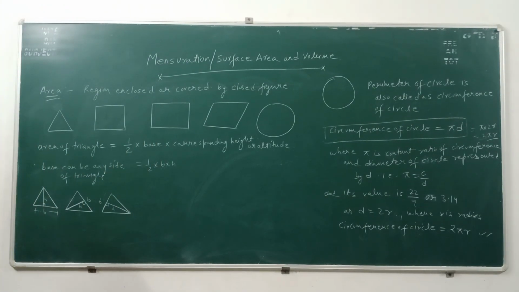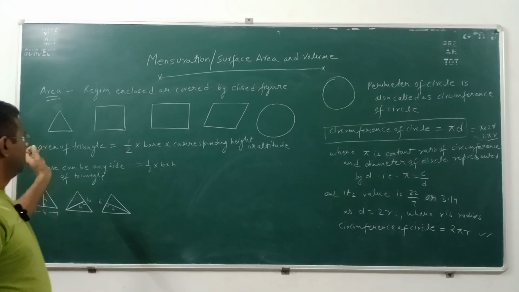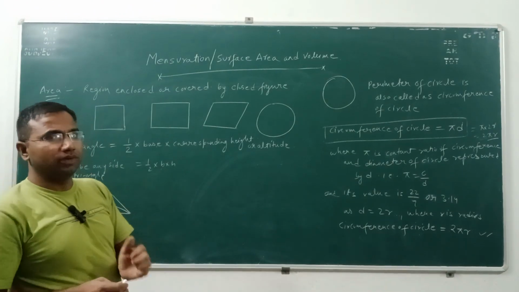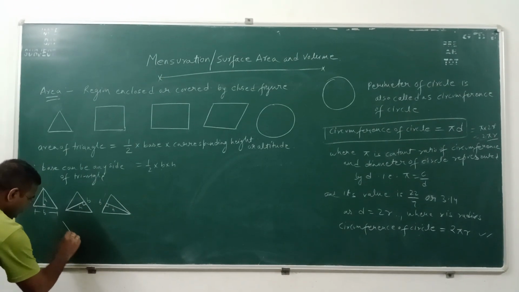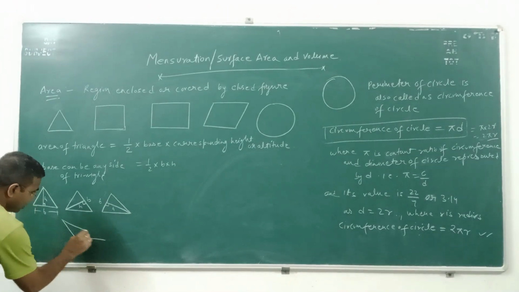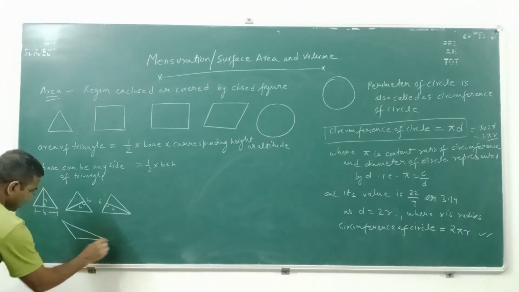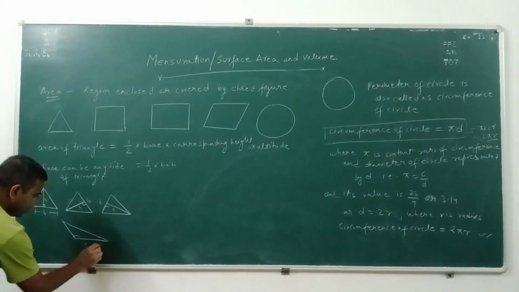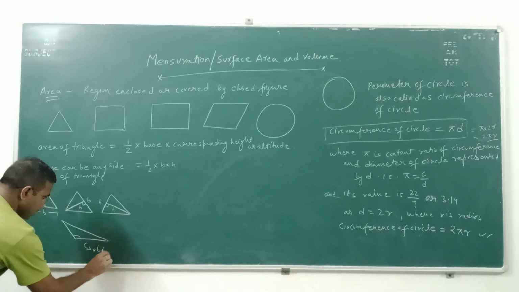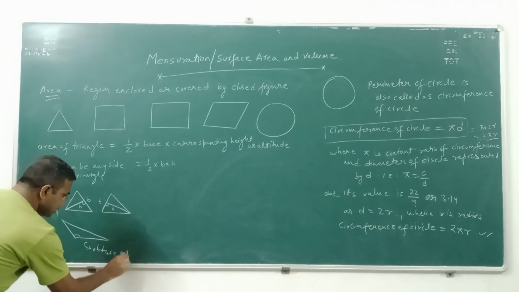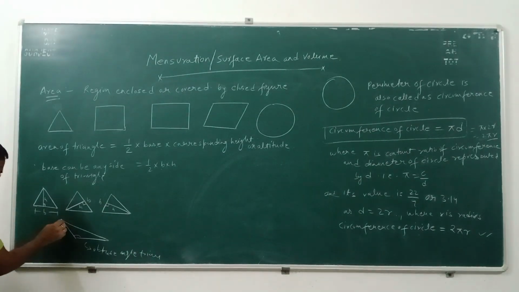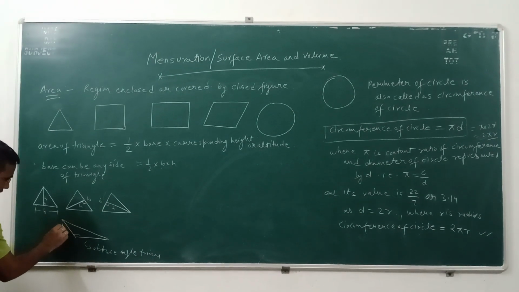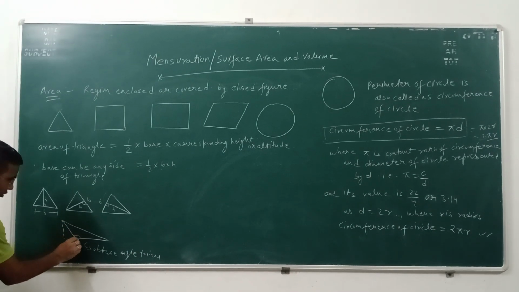So see here how you will calculate the area of a triangle. Now another triangle is there. Suppose it is an obtuse angle triangle. In an obtuse angle triangle, the height will be drawn from outside.